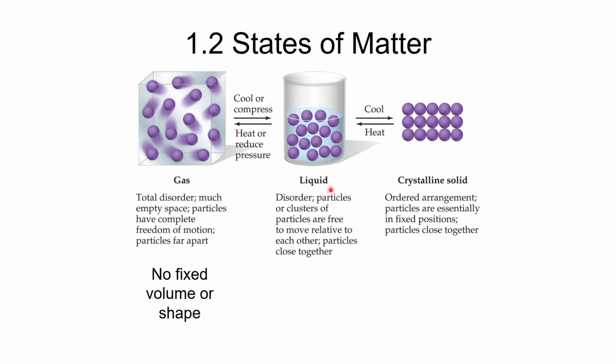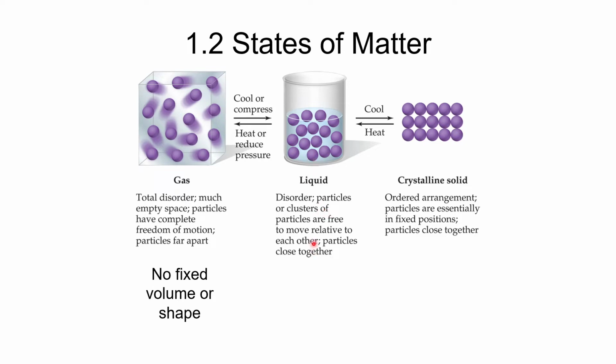Liquids, on the other hand, do move around quite a bit, but you'll find that the spaces in between the liquid molecules are going to be pretty small. They are essentially bumping into each other, whereas in a gas, the molecules are barely ever touching each other. In a liquid, they are constantly bumping into each other, and there's just not much space in between them.